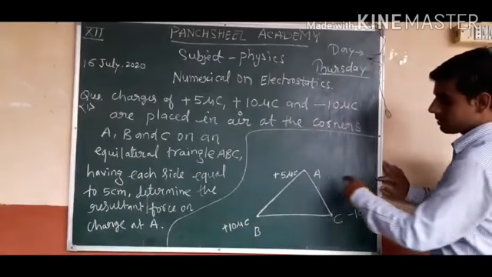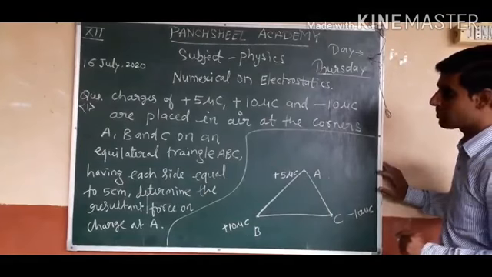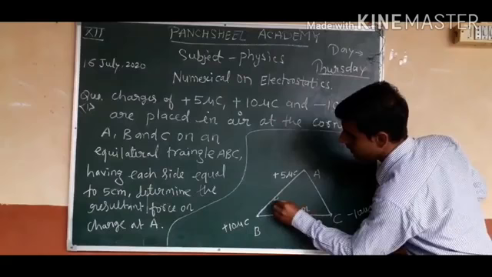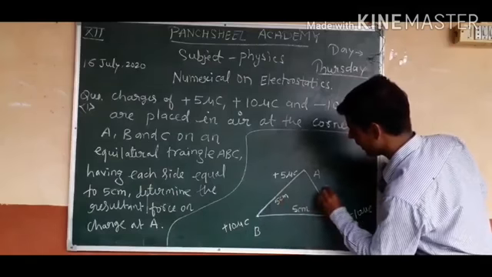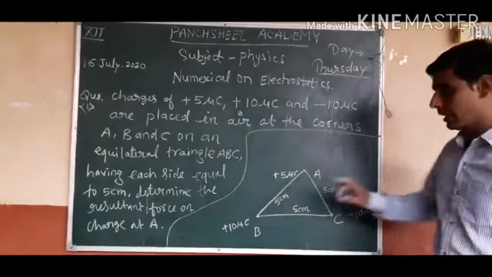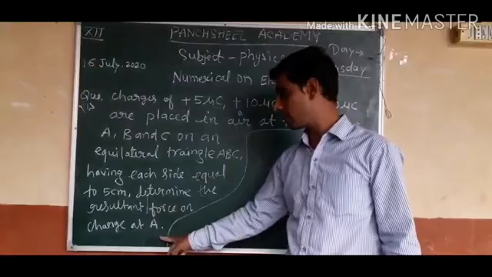These three charges are placed like that, having each side equal to 5 cm. This side is also 5 cm, this side is also 5 cm and this side is also 5 cm. Okay, determine the resultant force on the charge at A.